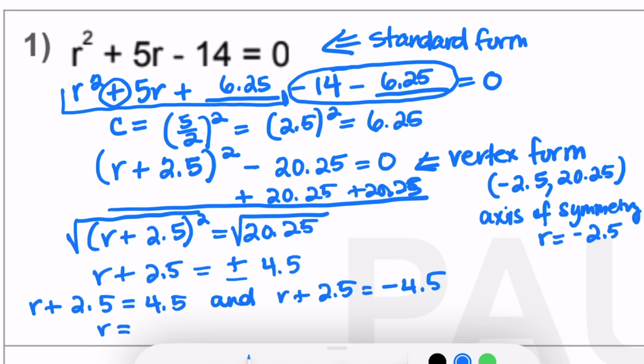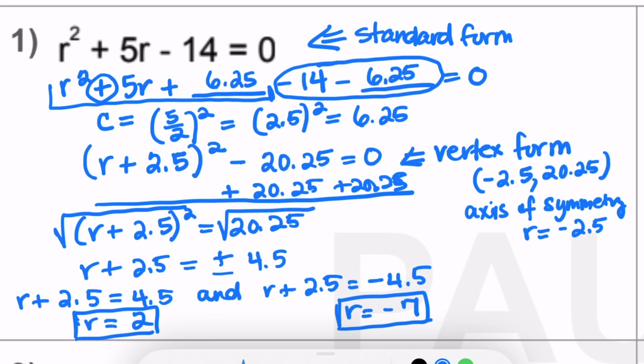So on this side, r will equal 2, and over here, r will equal negative 7. And you're done. Those are your two solutions to problem number 1.